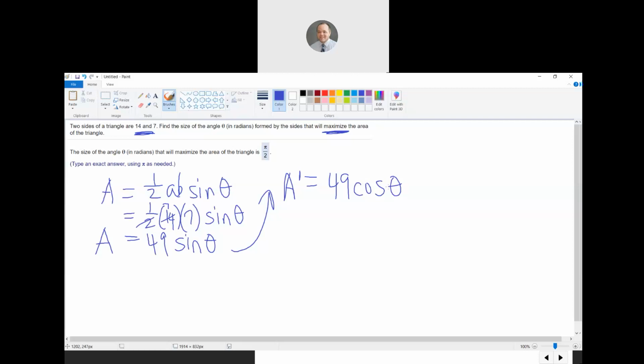You still need to find your critical point or points because, informally, we're trying to find x like we've done before. So set your first derivative equal to 0, and we'll divide both sides by 49.